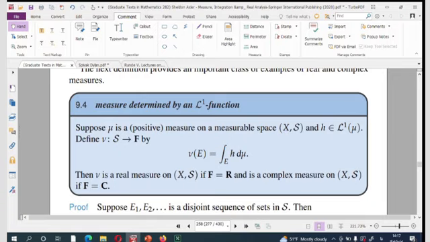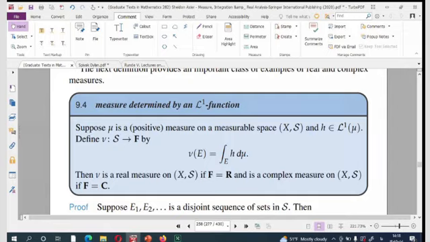Nu of E equals the integral of h on E, not the whole of X. Then nu is a real measure on this sigma algebra if F equals R, and is a complex measure if F equals C, so that we can construct a real measure or complex measure by this method.